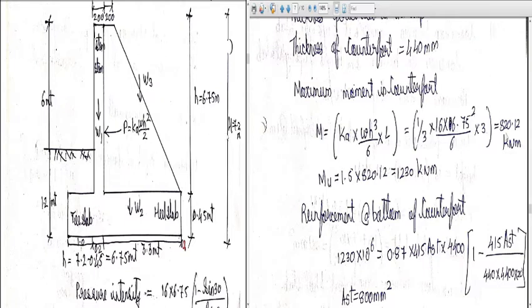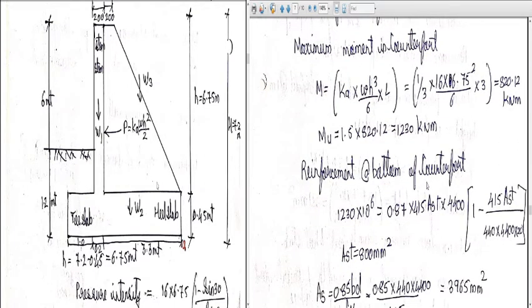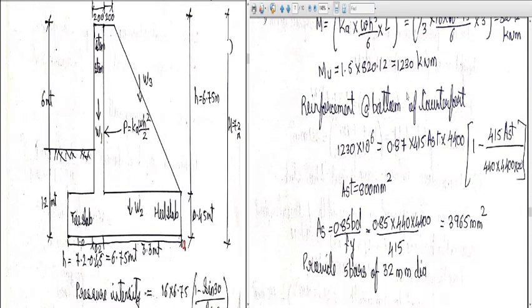This works out to be 820.12 kilonewton meter. So the maximum ultimate bending moment is 1.5 into 820.12, which works out to be 1230 kilonewton meter. You can see the moment is high.